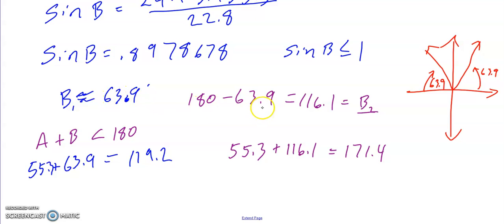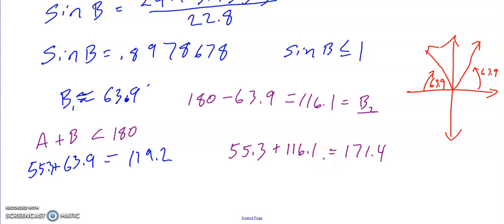To find that second angle value, you take the angle you have, subtract it from 180, and double check what that gives you. Then you test to see, do both angles work in a triangle? Add the angle they gave you plus the angle you found. Is it less than 180? And now you know we've got two triangles.